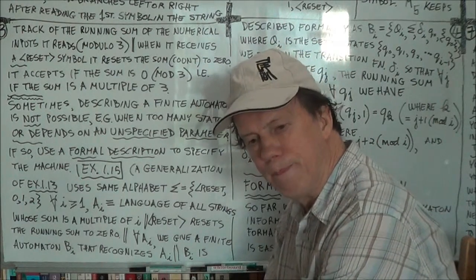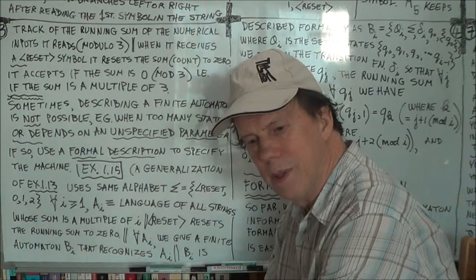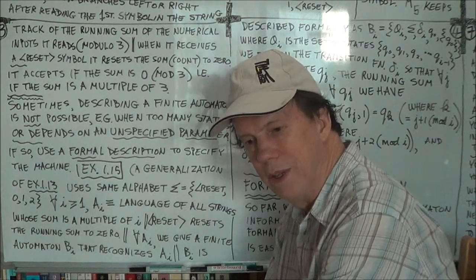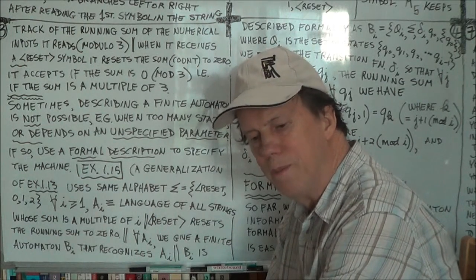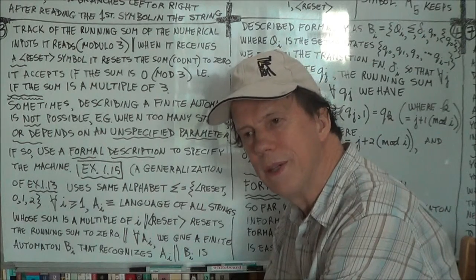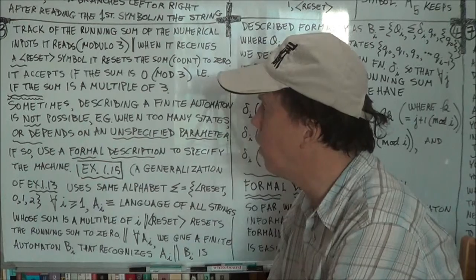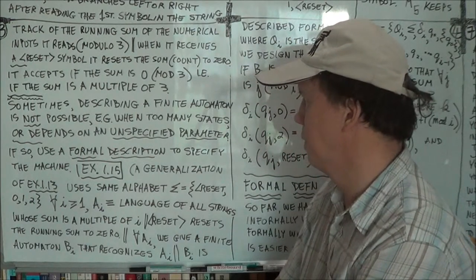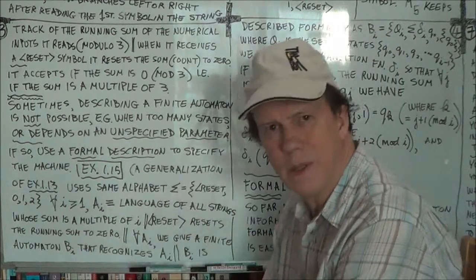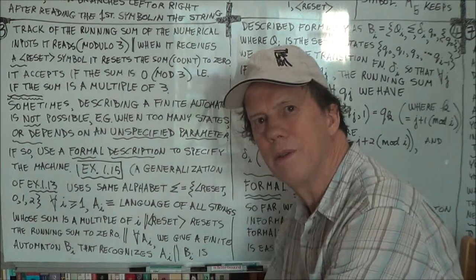Now, sometimes, well, it happens quite often, your automaton is too complex. For example, it has too many states, or maybe there's some parameter that's not specified well.